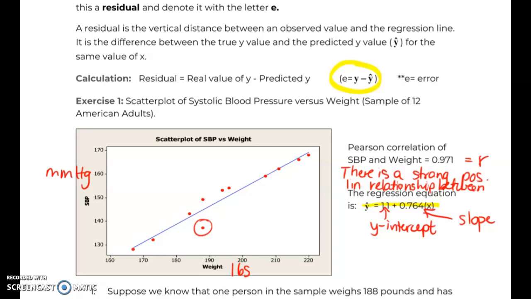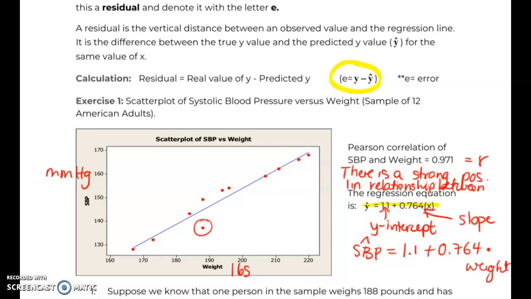Sometimes instead of writing x and y, you'll see systolic blood pressure with the hat over it. That's important because it tells us it's the predicted value, not the actual value of our points. We had our y-intercept at 1.1 plus 0.764 times the weight.